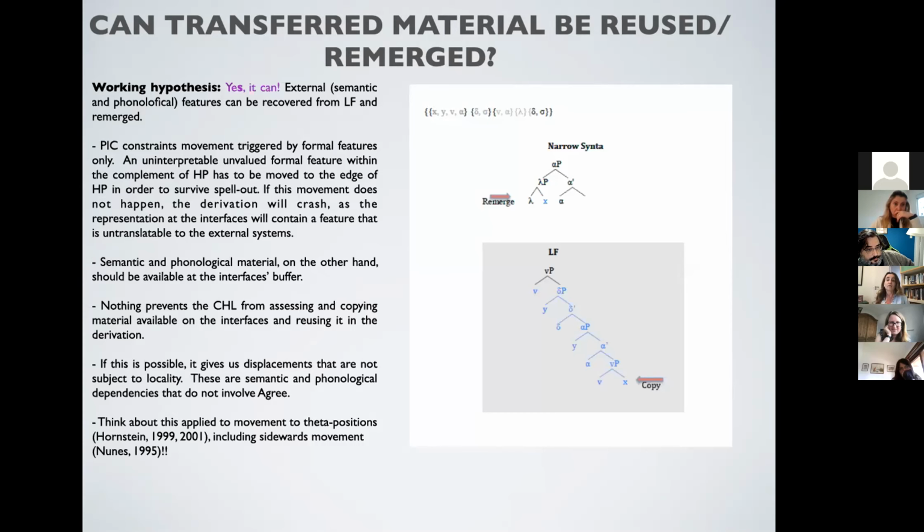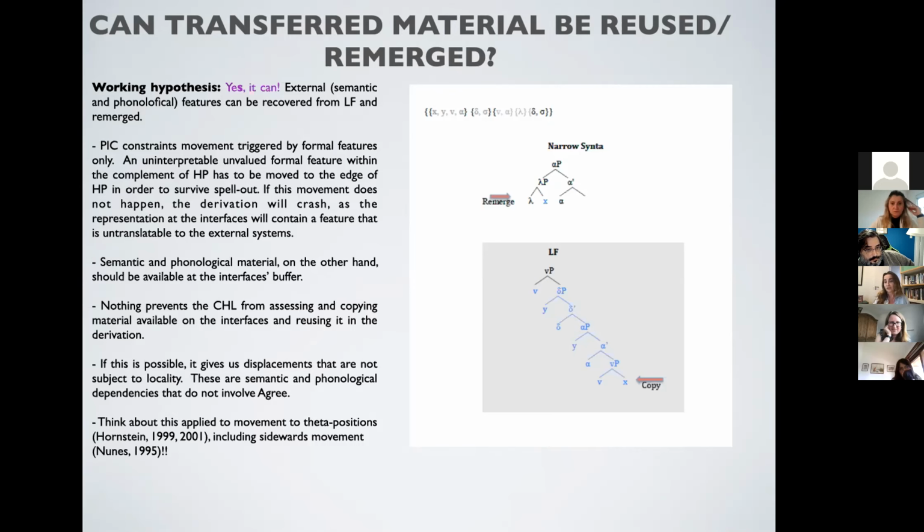So formal features cannot reach the interfaces. Therefore, if something gets to the interface with a formal feature, that feature cannot be rescued because the derivation will just crash. Semantic and phonological material, on the other hand, should be available at the interface buffer. Nothing prevents the computational system from accessing and copying them, and you use them in the derivation.